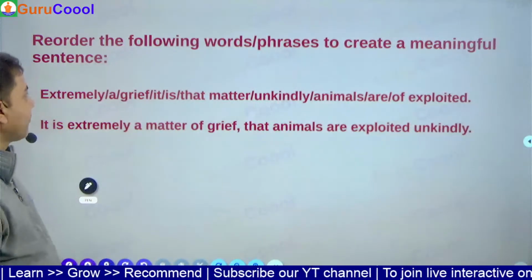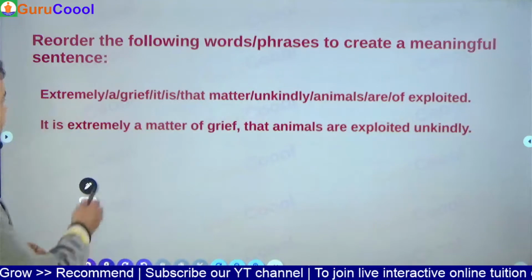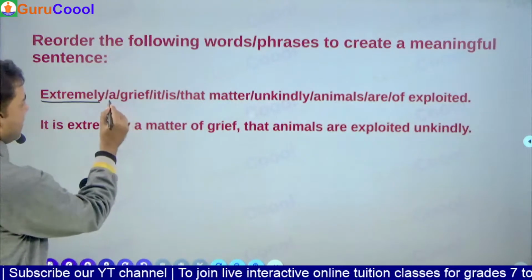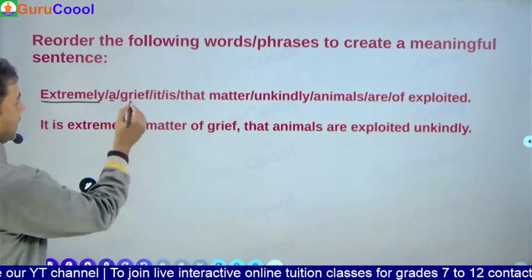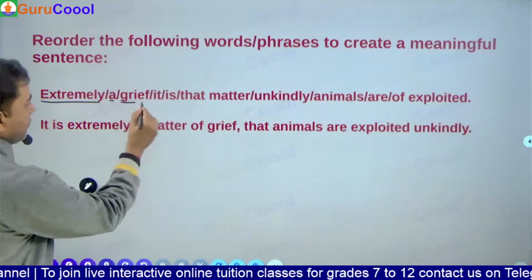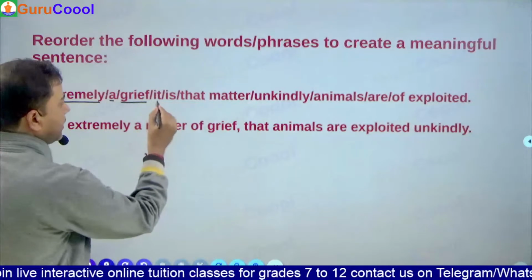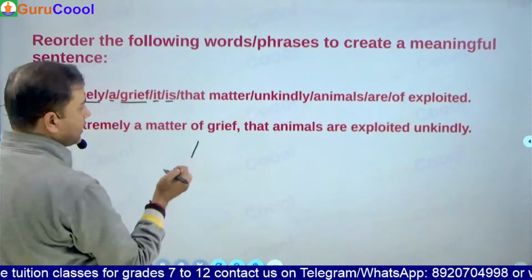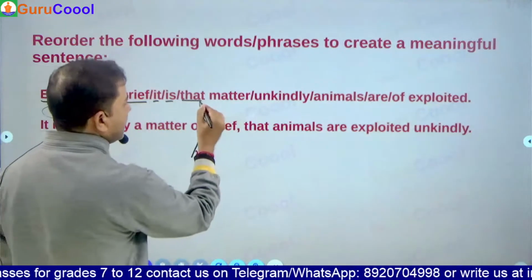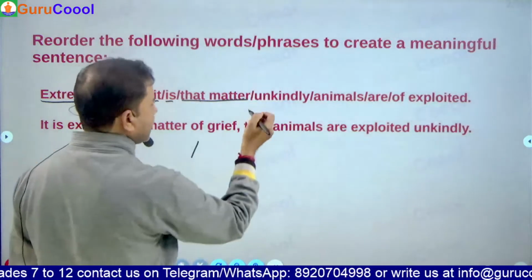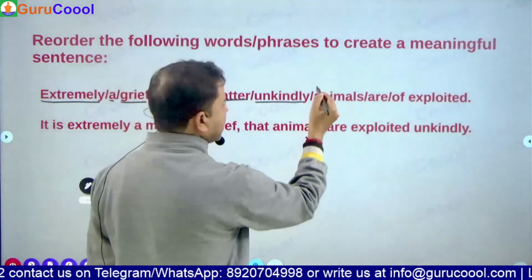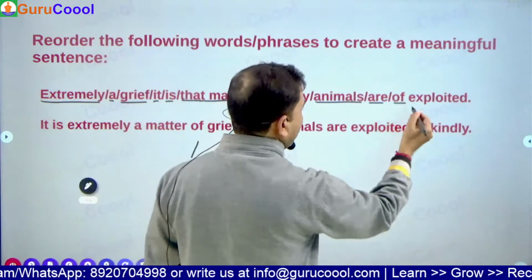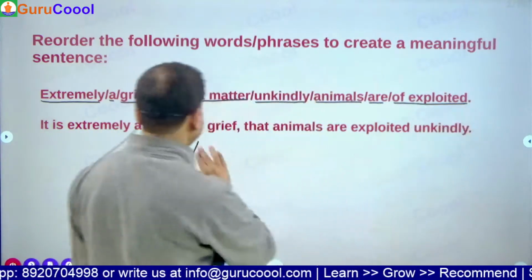Extremely, slash, a, slash, matter, slash, of, slash, grief, slash, it, slash, is, slash, that, slash, animals, slash, are, slash, unkindly, slash, exploited.